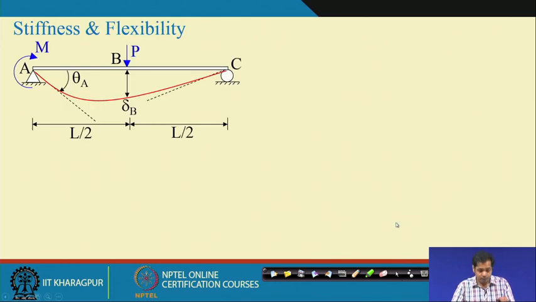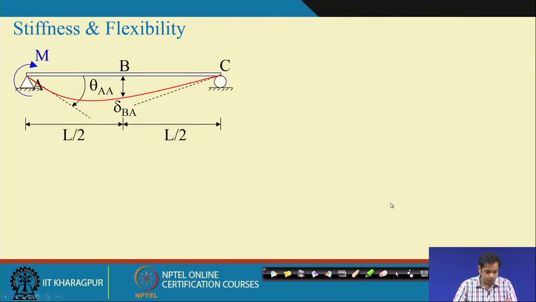Similarly, we can apply the principle of superposition in this case and divide the entire problem into 2 parts.